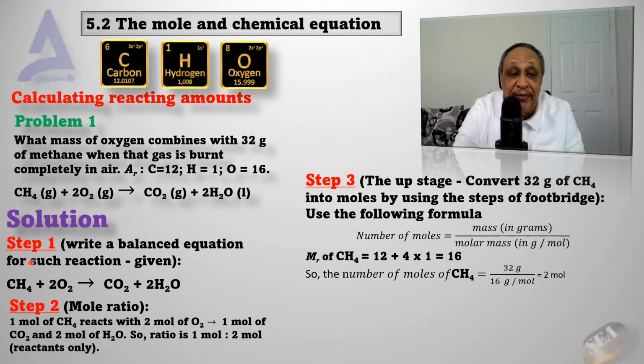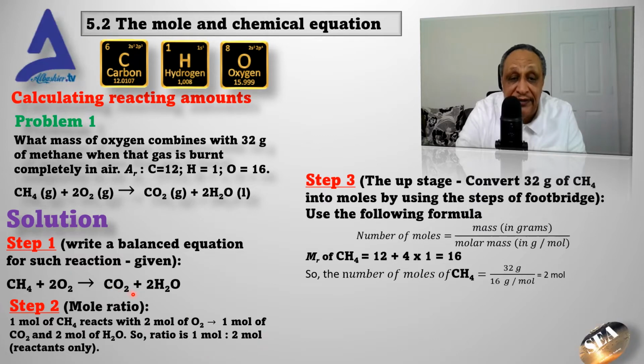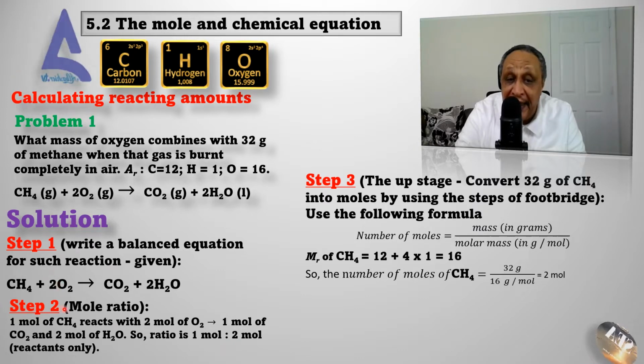Now, from this equation, I will say 1 mole of methane reacts with 2 mole of oxygen to produce 1 mole of carbon dioxide and 2 moles of water. So the ratio is 1 mole to 2 mole. This is about the reactants.